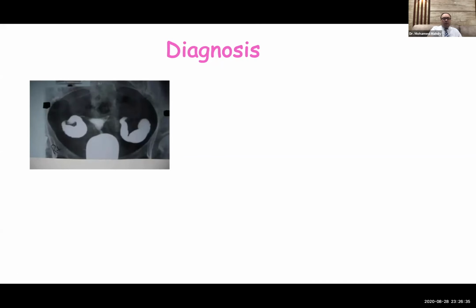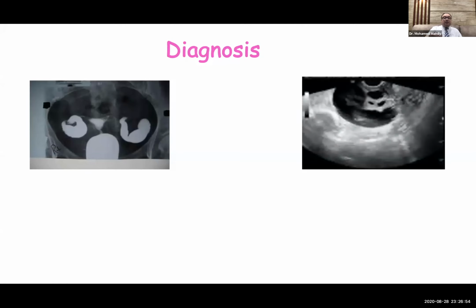So what is communicating hydrosalpinx? Communicating means that the hydrosalpinx communicates with the uterine cavity, so there is no block or cornual obstruction in this place. So hysterosalpingogram is useful only for diagnosis of communicating hydrosalpinx. But the conclusive diagnostic test is 2D ultrasound.